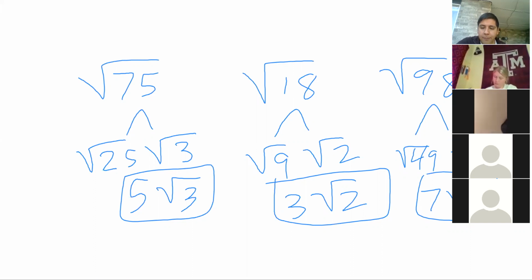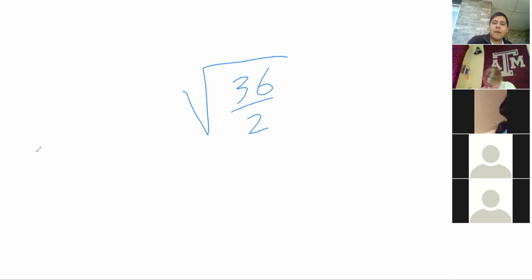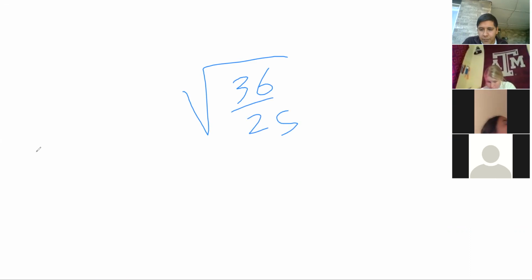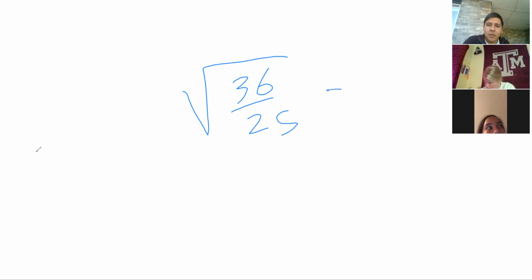Guys, be quiet. Okay, last example. Say we have a fraction, and we take the square root of the fraction. This is really the same thing as saying the square root of 36 over the square root of 25.